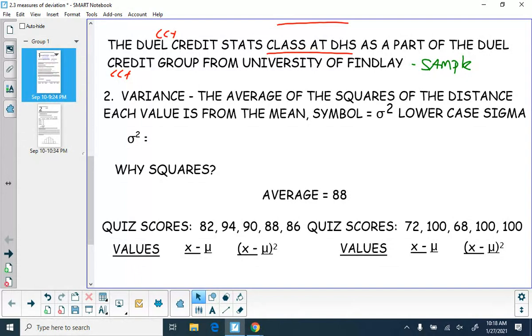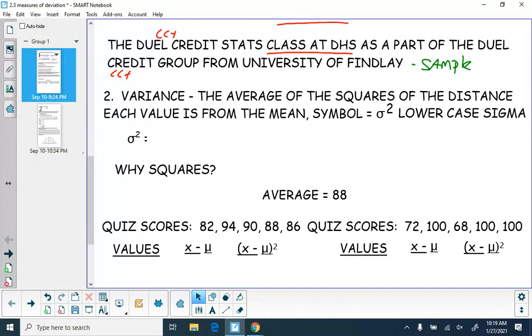The average of the squares of the distance each value is from the mean.